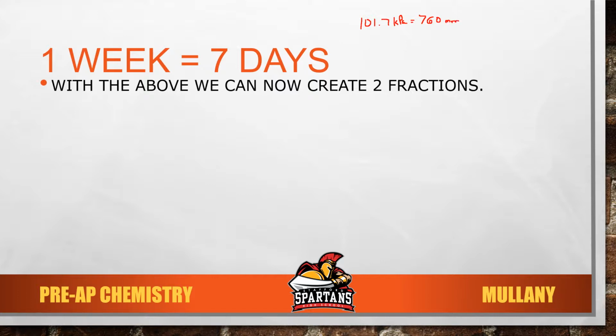So this is what will be given to you on the test. You would then just use this equivalence to convert these units, the exact same way you'd use weeks and days to convert. So you need to know, first of all, that 1 week is equal to 7 days.